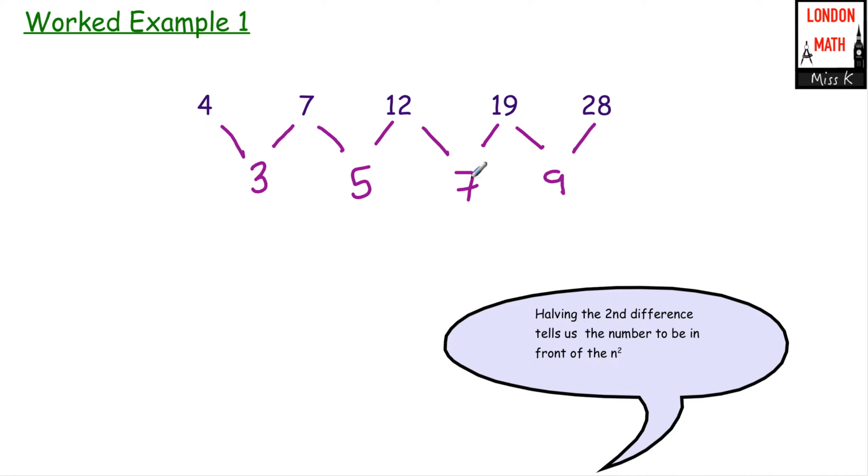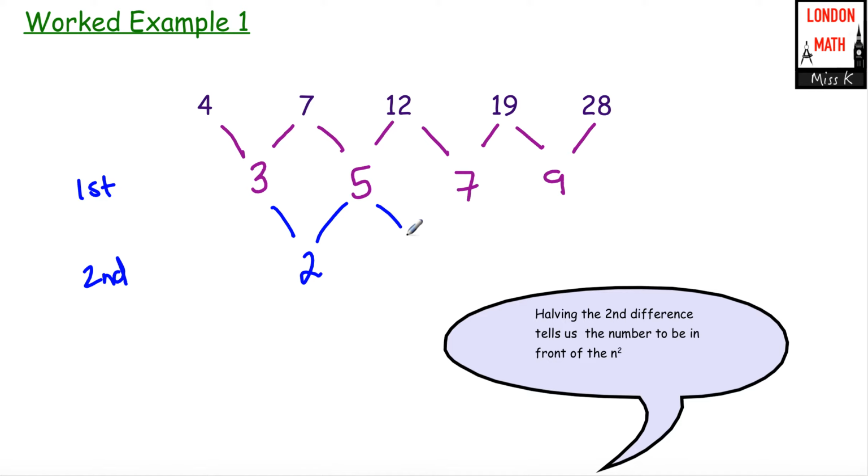Now, this is called the first difference. This sequence is not a linear sequence, which would go up in the same amount each time. But with this sequence, it's going up in different amounts. So what that means is that I'm going to go again and look for a second difference. So this is my first. Let's have a look at the second difference. The difference between 3 and 5 is 2.